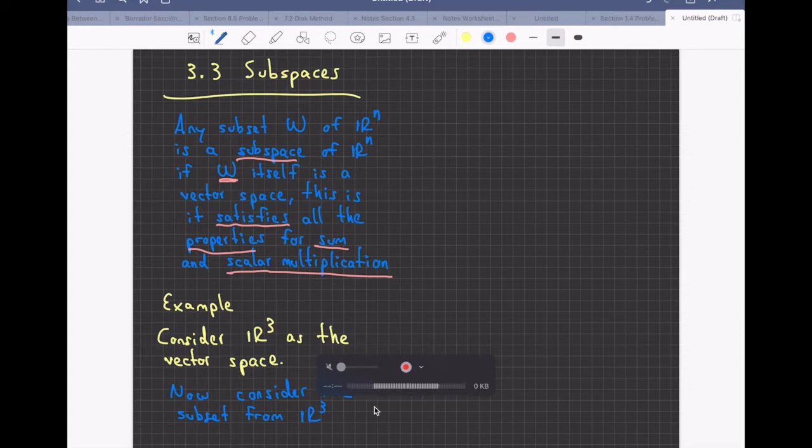W is equal to all the elements or vectors x such that x is equal to (x1, x2, 0), where x1 and x2 are real numbers.